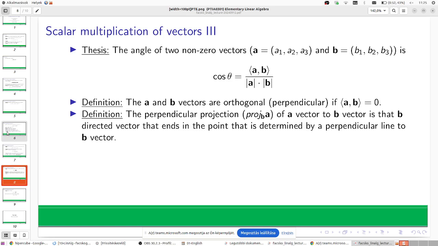Then we can determine the angle of the A and B vector, actually the cosine of the angle, very simply.